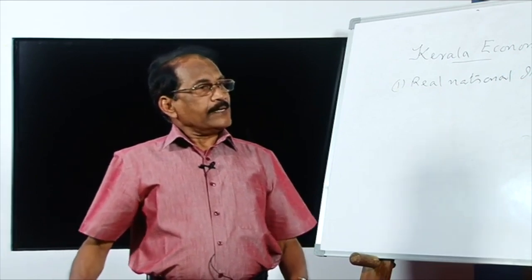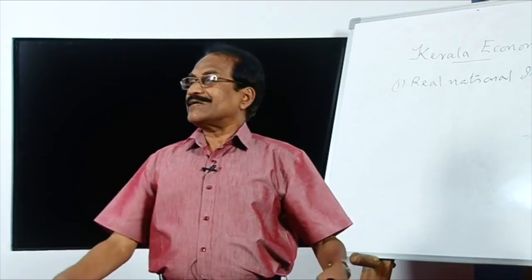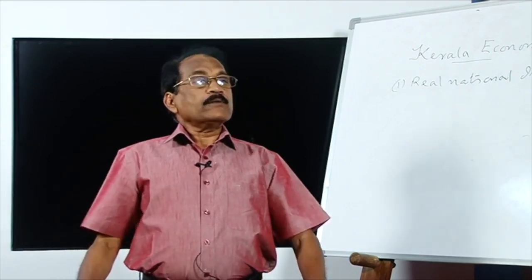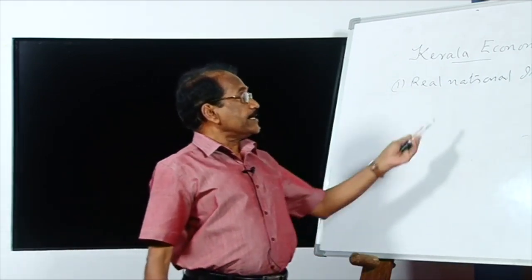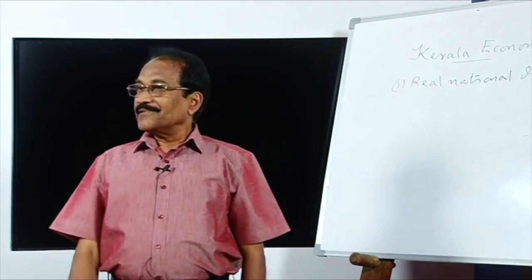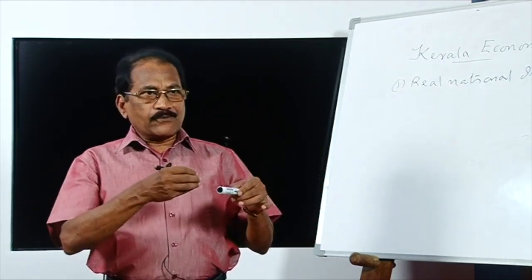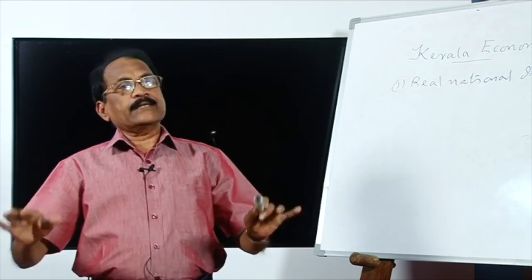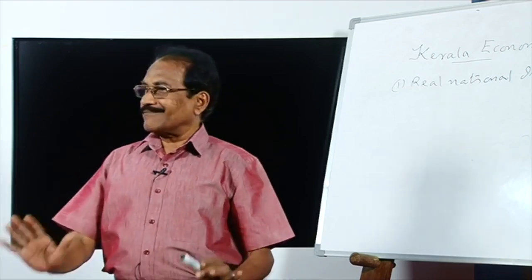So, they defined economic growth or economic development as a process whereby an economy's real national income increases over a longer period of time. When the real national income of a country is increasing over a longer period of time, there is growth, there is economic development.